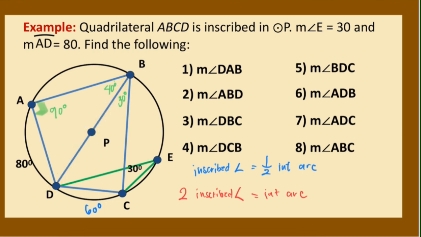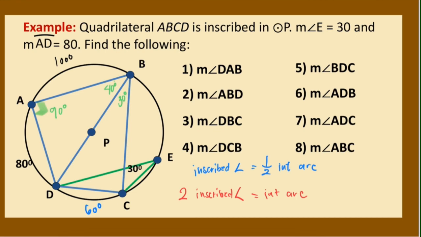Well, 180 minus 80, you'll get 100. So this should be 100 degrees. Again, I highlighted earlier the diameter DB or BD, and from there we have 100 degrees. The importance of this is for you to understand that it will help us a lot in identifying the other measurements, if necessary.